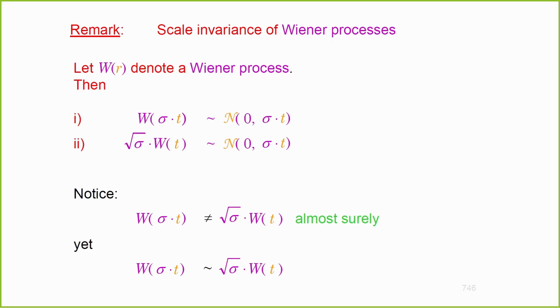You could not simply get one by multiplying the Wiener process by a constant, by the way. That will not yield the observation at this time point by simply multiplying it by a constant, which will not get you anywhere. Keep in mind, inside the parentheses you'll have the time point, which is addressed here. So 2 times, let's say, the Wiener process would not be the observation at, let's say, 4 times the previous time point, so in 4 years.